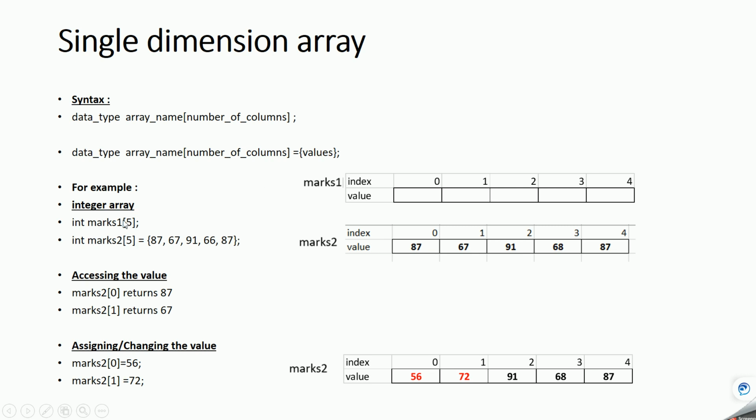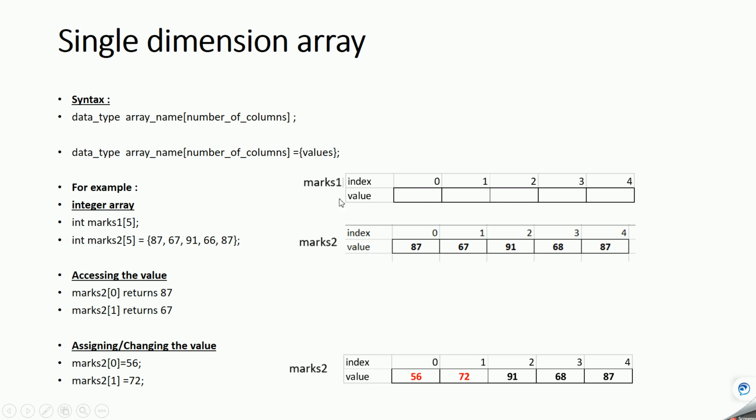We can picture this array like this, as a box. If you don't give any value, then each box can have 0 0 0 0 0, and it depends on the compiler also. Some compilers will give the value 0 in each box if we don't give any value, or some compilers give some junk value.